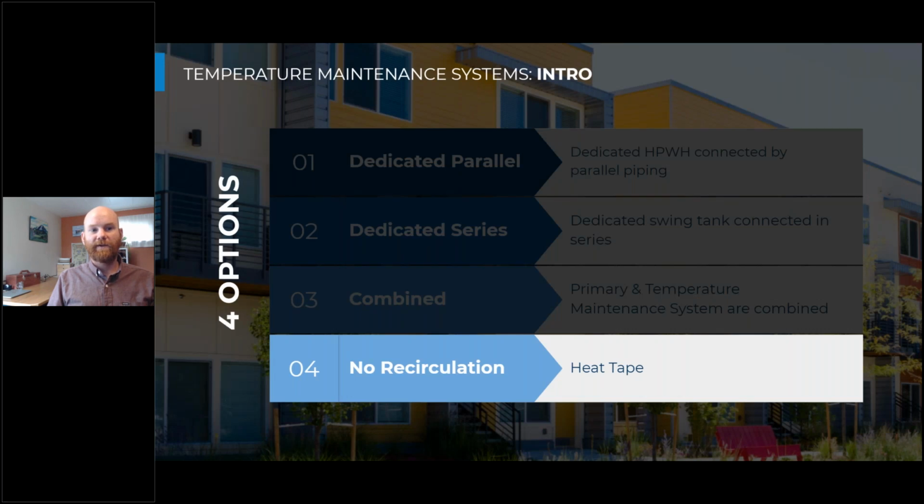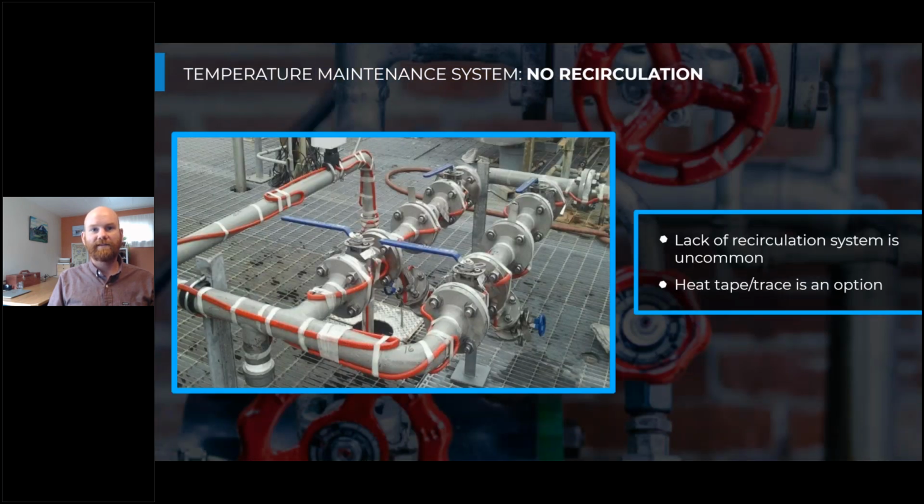So heat tape or heat trace, this is relatively uncommon because we have these larger distribution systems.